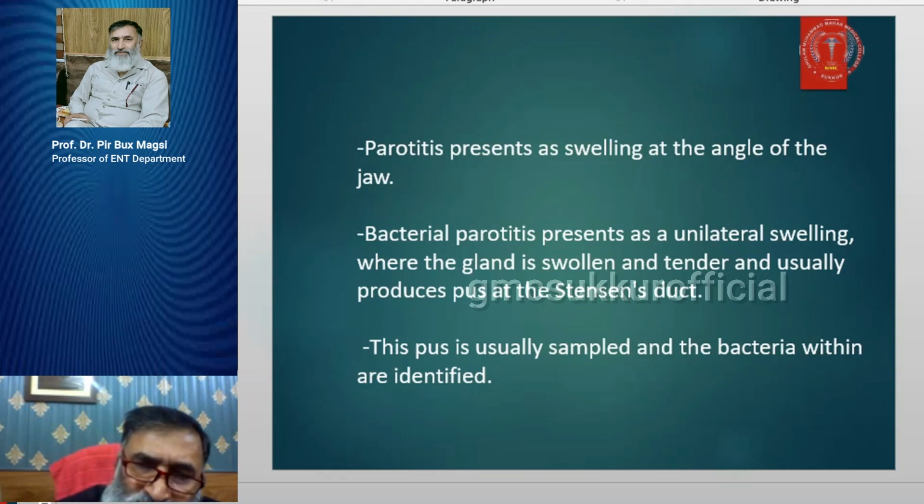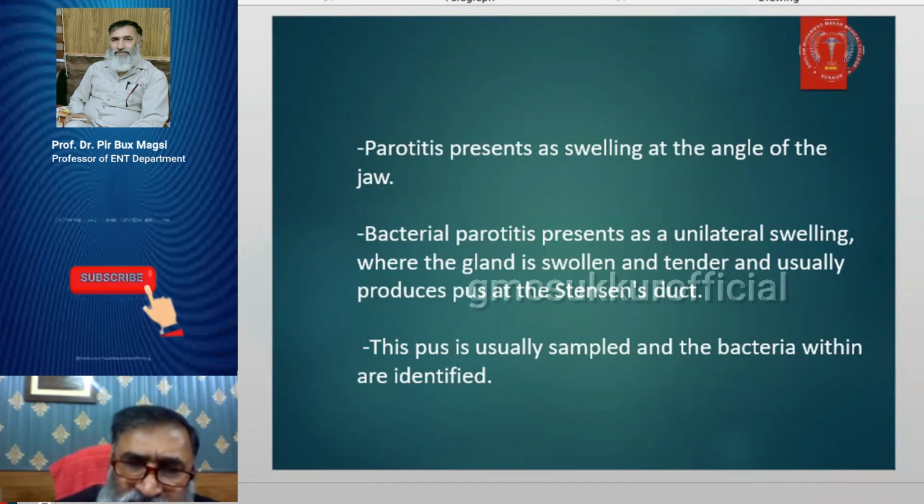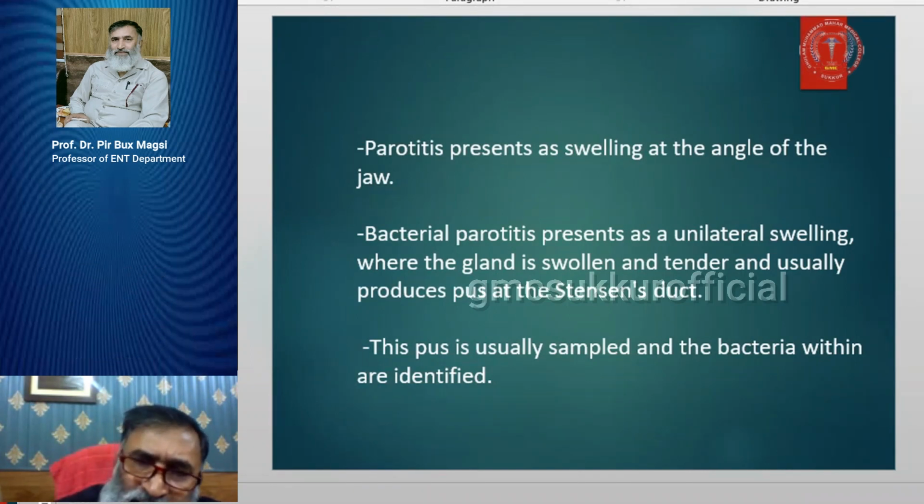So you should take the pus from the opening of the parotid duct in the oral cavity and send it for culture and sensitivity.